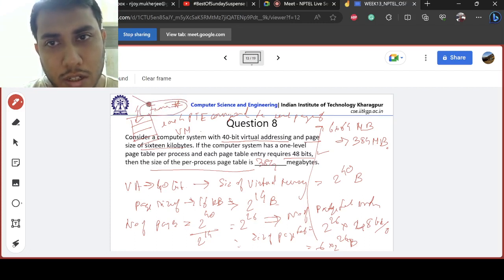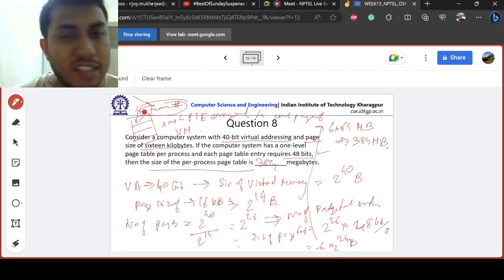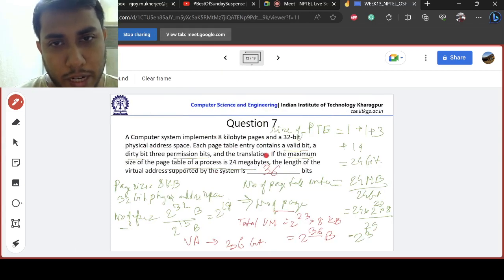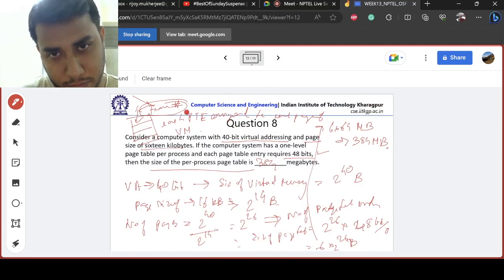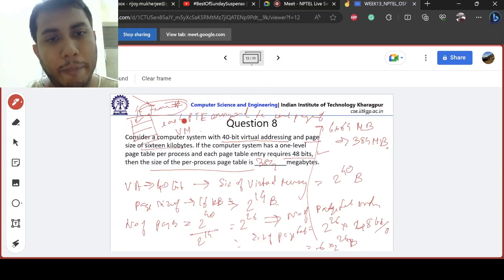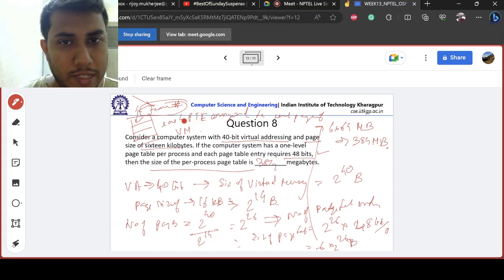So the number of bits required to represent a frame number is stored, and plus it can contain some other bits that we have seen in this problem, like a valid bit, dirty bit, permission bit, etc. That may also be present. So the complete package is what gives us the total page table size.